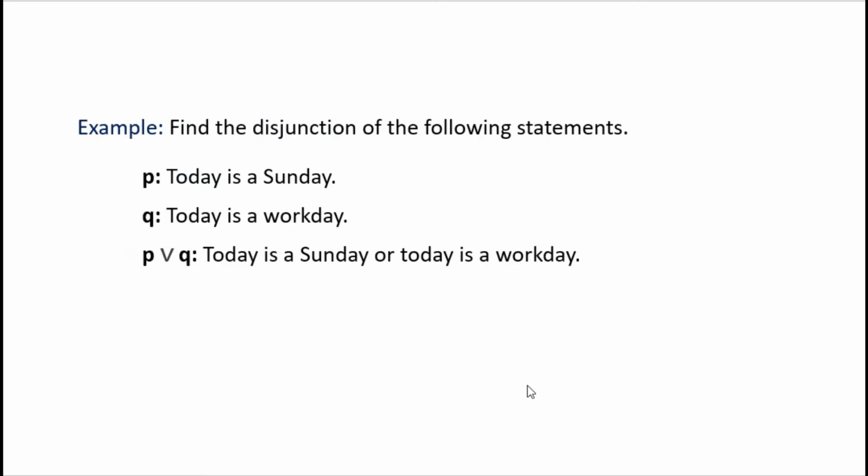Another example, we are asked to find the disjunction of the following two statements. The statement P is today is a Sunday. The statement Q is today is a work day. The statement P or Q is the statement today is a Sunday or today is a work day.